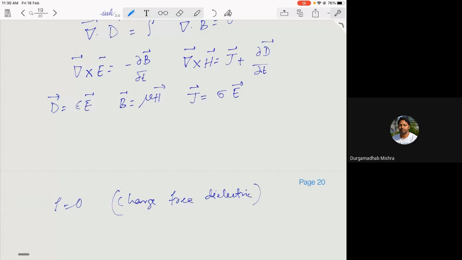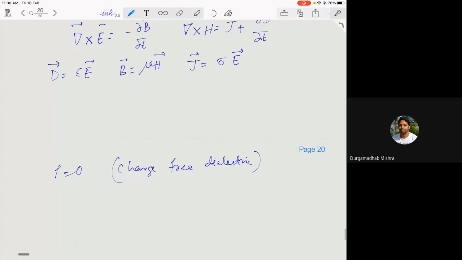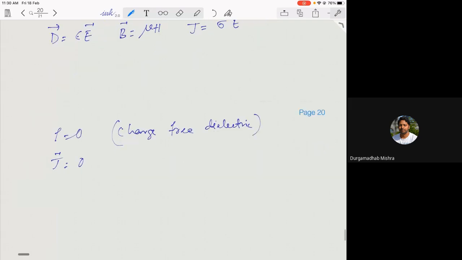I can also assume that I don't have any conductivity because it is a dielectric medium, so no current. So I can assume J is equal to 0 as well. Then Maxwell's equations become even simpler.